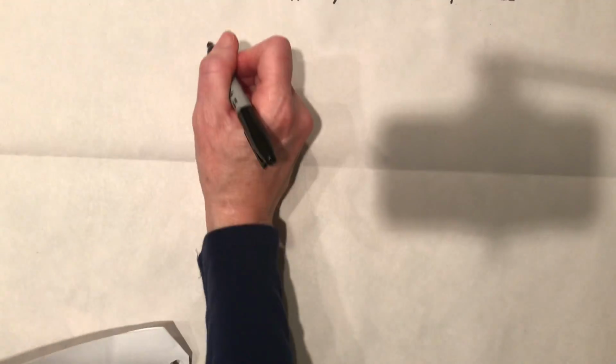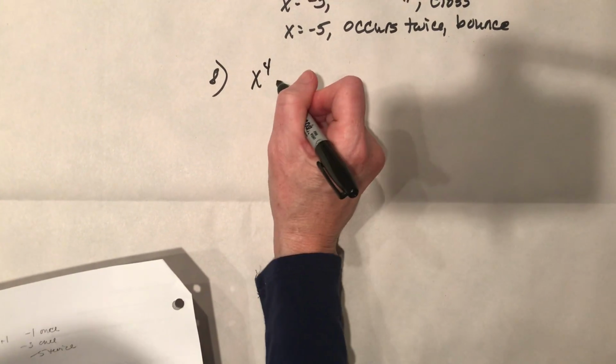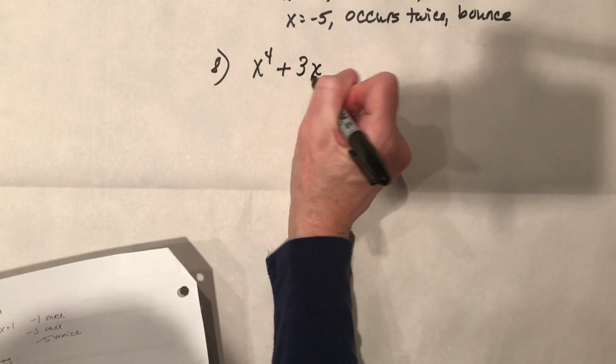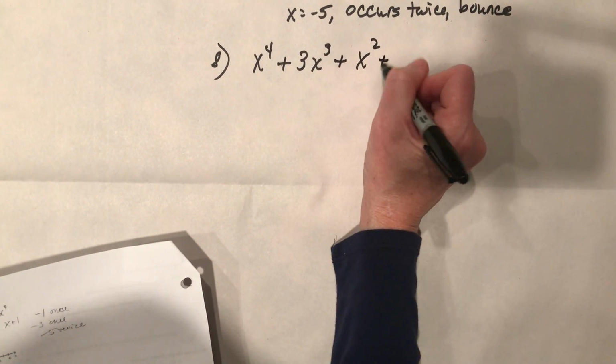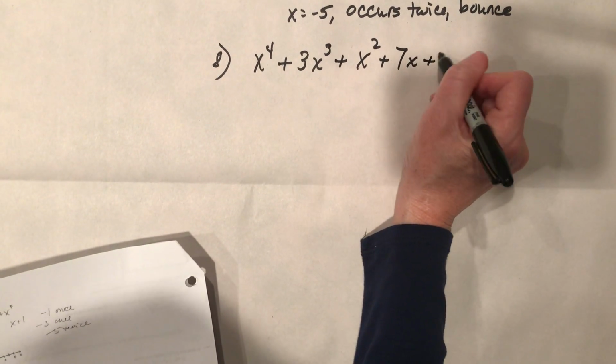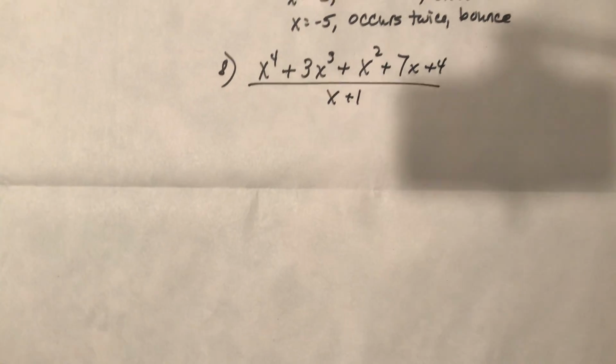Okay, so let's move on to number 8. Number 8 and 9, you're asked to do synthetic division. So let's see, number 8, we're looking at x to the 4th plus 3x to the 3rd plus x squared plus 7x plus 4, all of that divided by x plus 1.